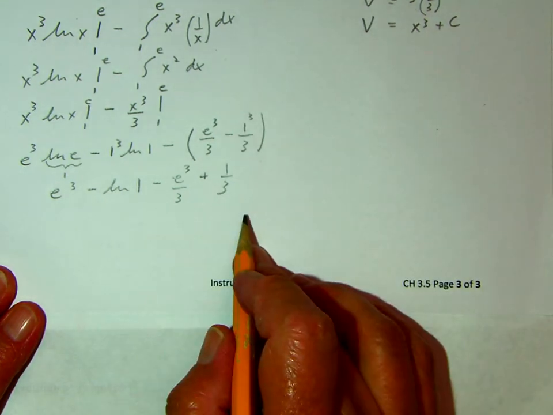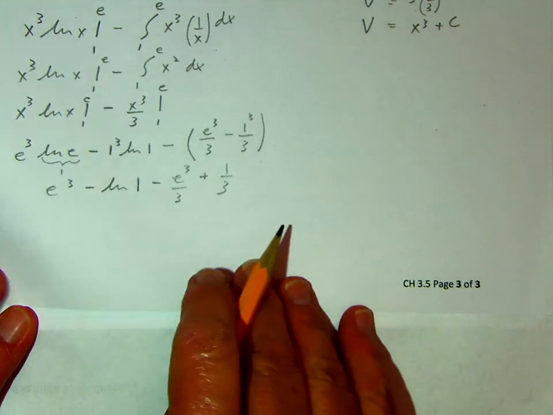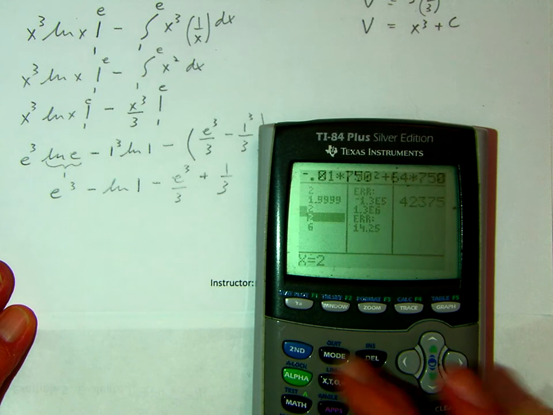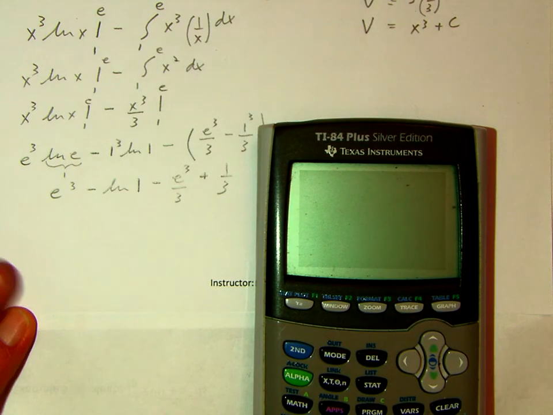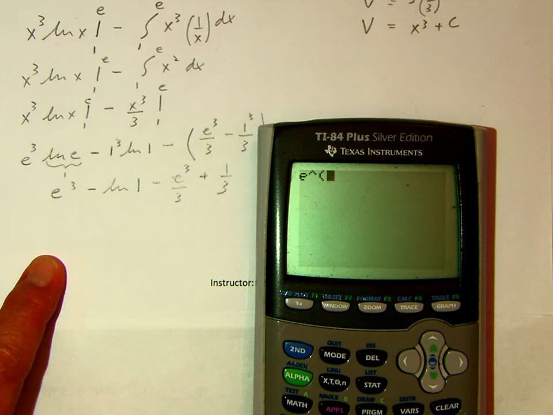And this, we can go ahead and estimate the value using our calculator. So that would be e, that's the second function of natural log, gives you a power of e to the third power minus the natural log of 1 minus the minus e to the third power divided by 3.